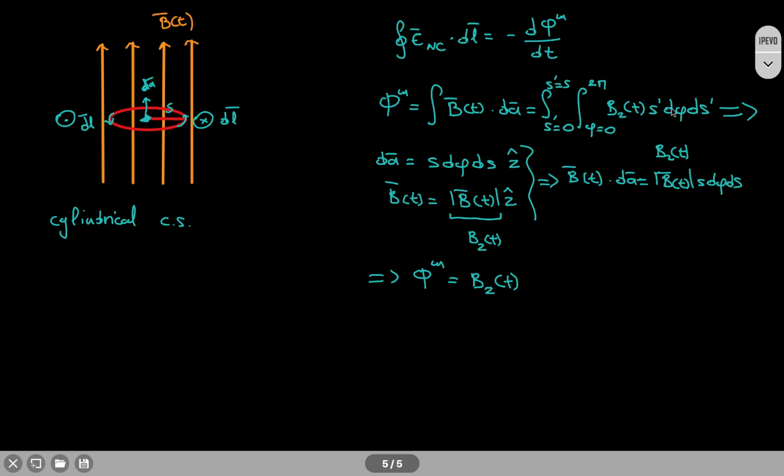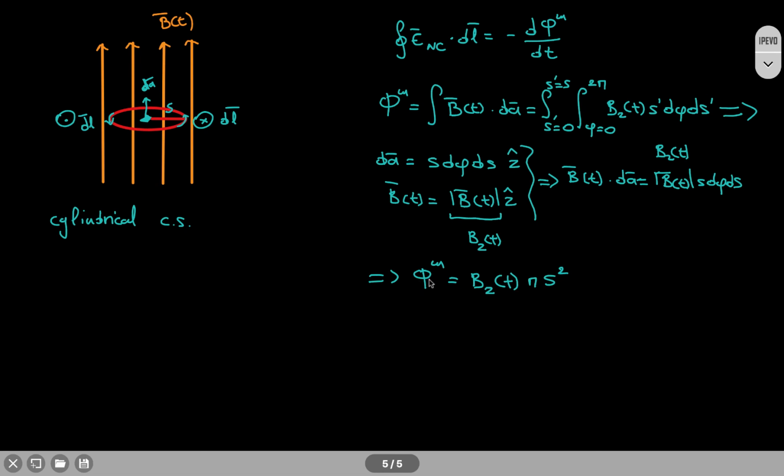As far as the integration is concerned, this is a surface integral, and since the magnetic field is uniform in that surface, I can take it out of the integral, and then what we will get from here is the pi s squared for the integral of s prime ds prime, and the integral over d phi will give us the 2 pi.